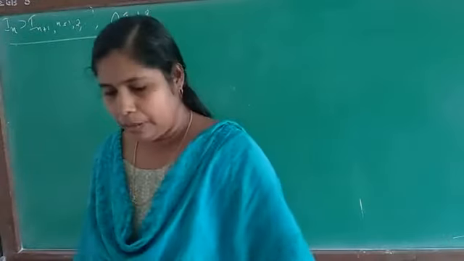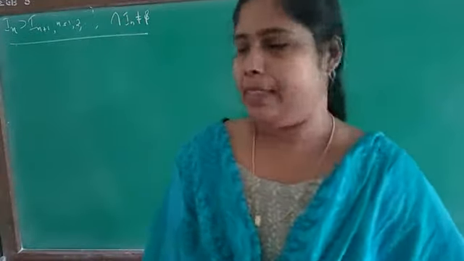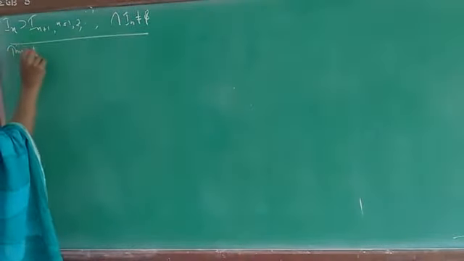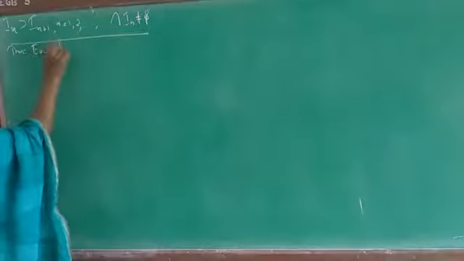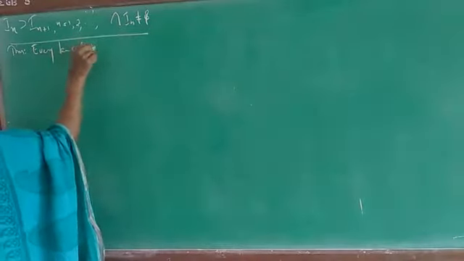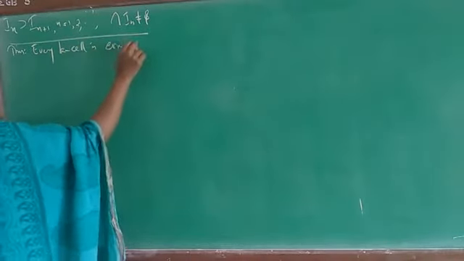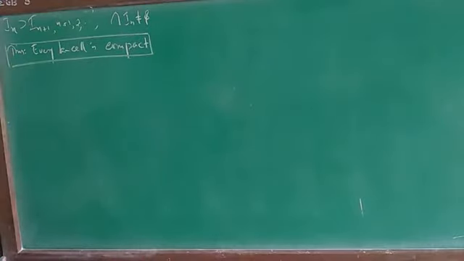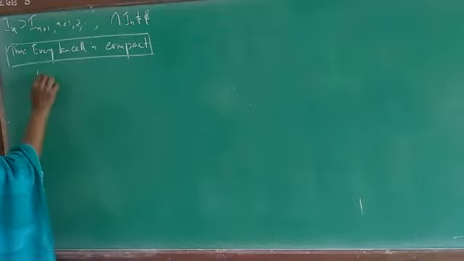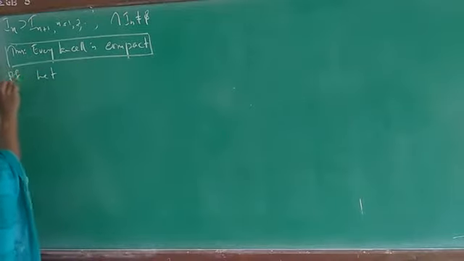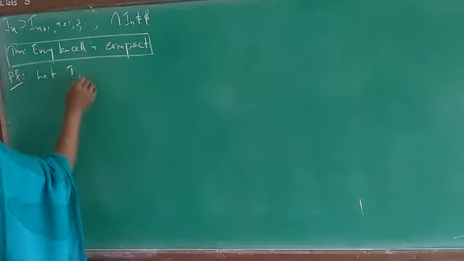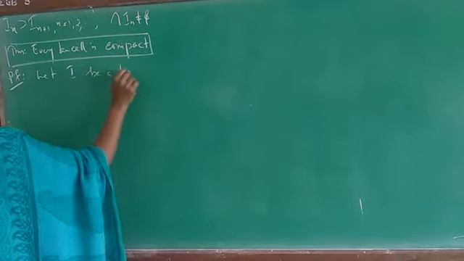So we start with a K cell. The theorem is this: every K cell is compact. We start the proof with an arbitrary K cell. So let I be a K cell.